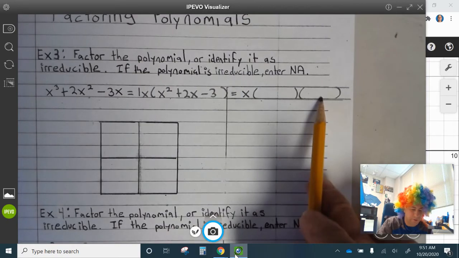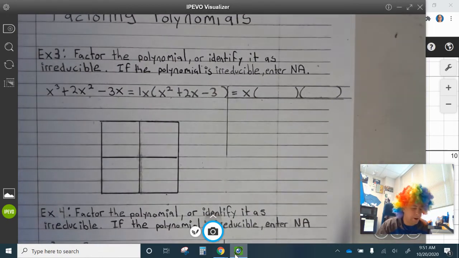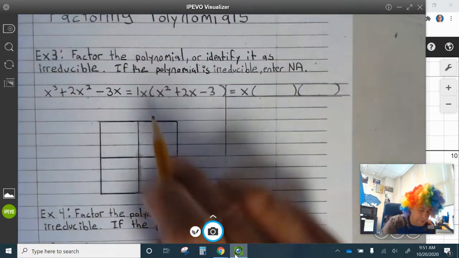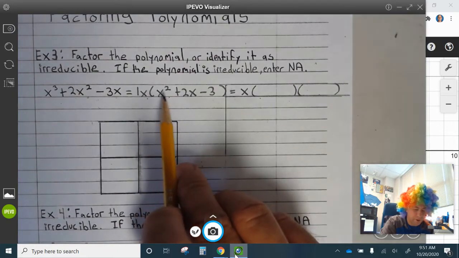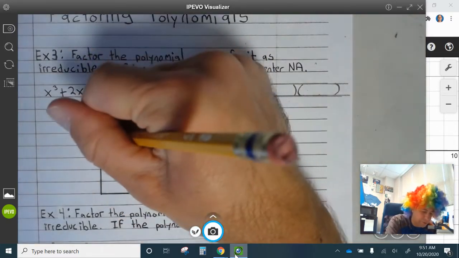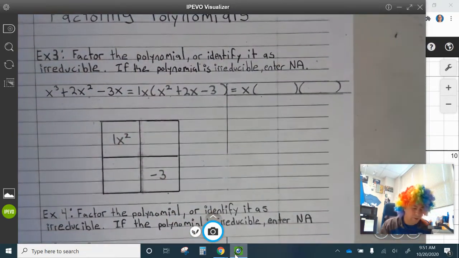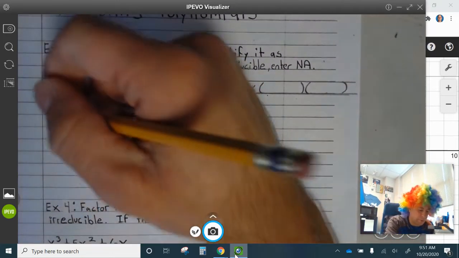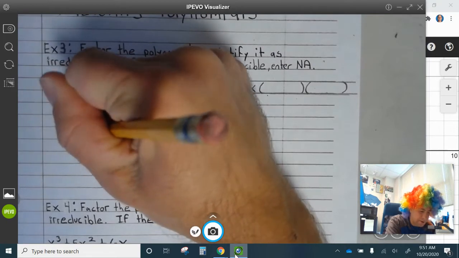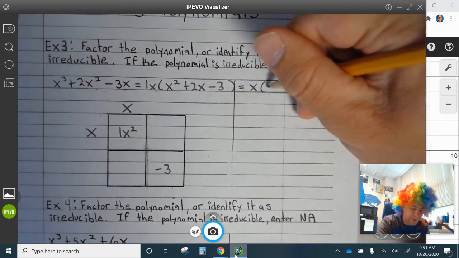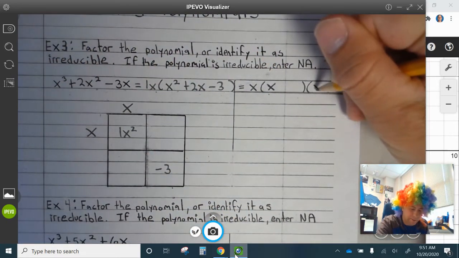Okay. So first term, and we're done with the x. So now we're focusing on the x squared plus 2x minus 3. So first term is 1x squared and last term is minus 3. Well, we have to ask ourselves, what makes x squared? Well, that's easy. 1x times 1x. So this is x and this is x.